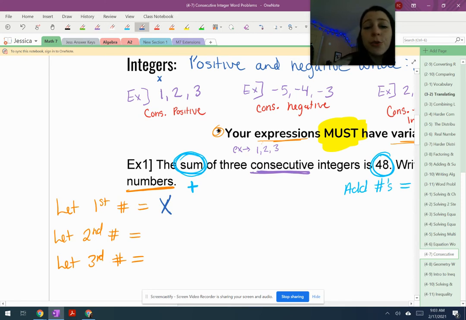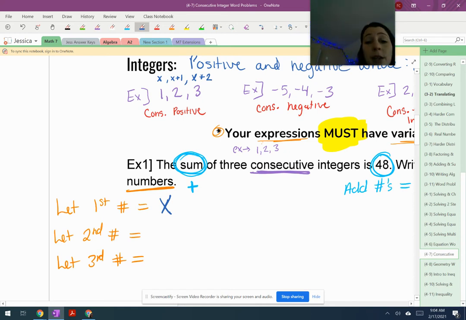What do I need to do to 1 so I can get to 2? Well, you need to add 1 to it, right? So X plus 1 is the next number. Then what do I need to add to 1 to get to 3? Well, it wouldn't be plus 1 anymore because that would only get me to 2. It would have to be plus 2 to get me to 3.